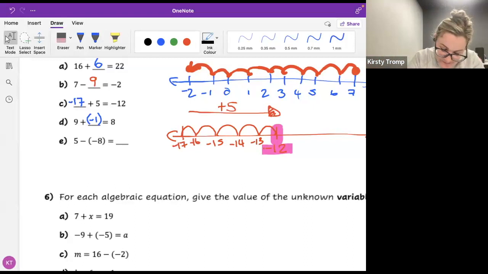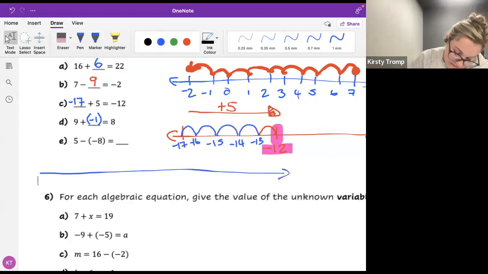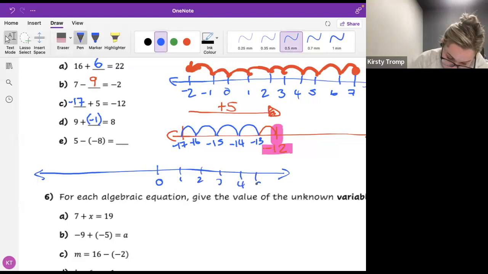Ma'am, you're going to first draw a number line. Good girl. I'm going to draw a number line for E. All right, so I'm going to put some numbers on here. 0, 1, 2, 3, 4, 5, 6. Now, what would you like me to do with the number line? Talk to me.